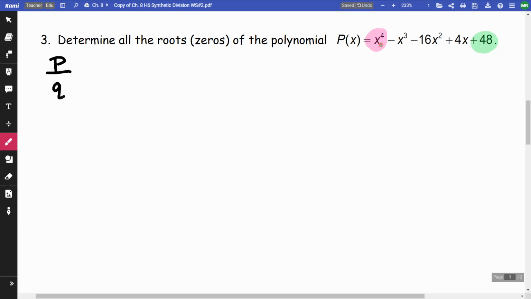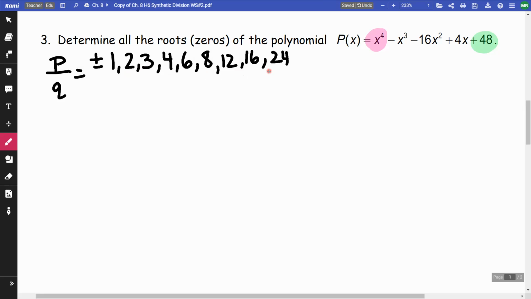So my P over Q, plus or minus. Now for 48, 1 goes into it, 2 goes into it, 3, 4 goes into 48, 5 does not, 6 goes into it 8 times. So you can see 6 and 8, so 4 and 12, 3 and 16, 2 and 24, and then 1 and 48.